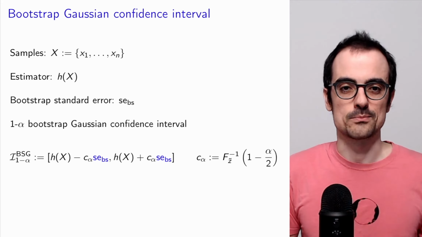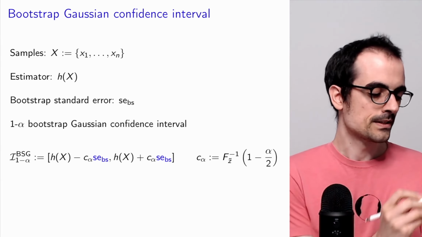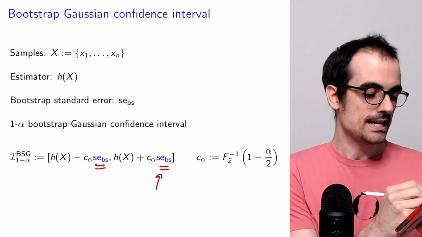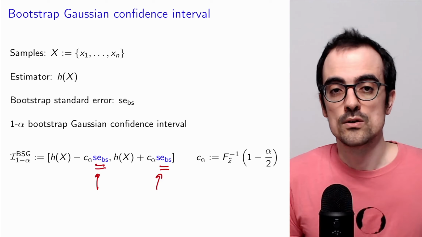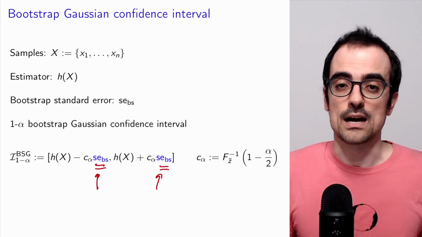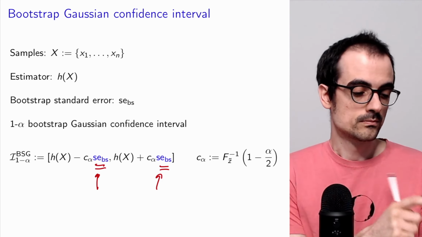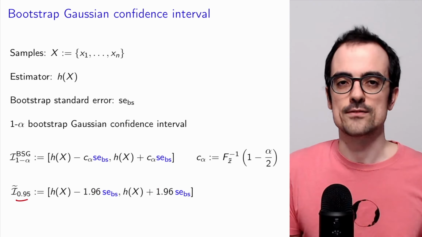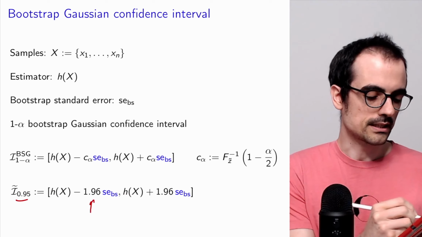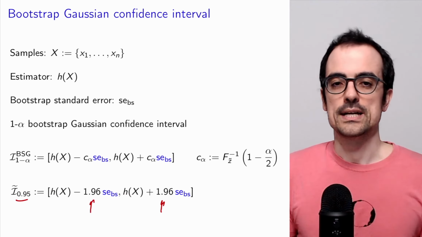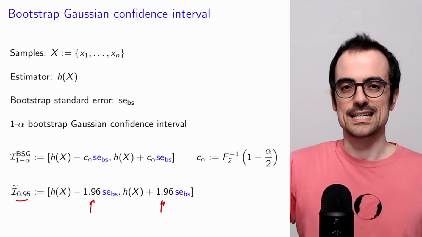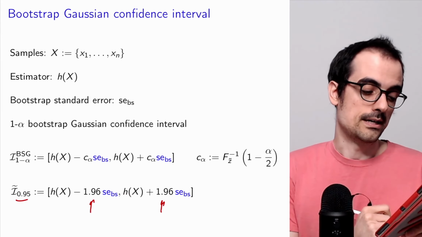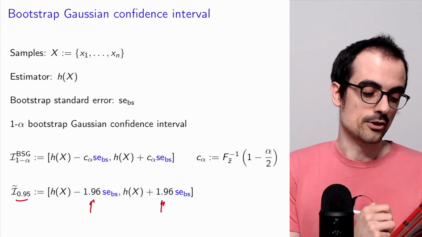We'll get back to that point. Here we plug our estimate for the standard error into our formula for the confidence interval of a Gaussian estimator. In particular, if we're interested in a 0.95 confidence interval, then the constant is 1.96, and we get our estimate of a bootstrap Gaussian confidence interval with alpha equal to 0.05 in this case.